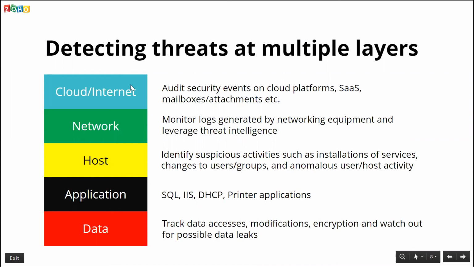So a lot of users engage and interact with data and resources on the cloud, and there is no visibility into that. So make sure that you are tracking these things, and that you're staying on top of really all these five layers.